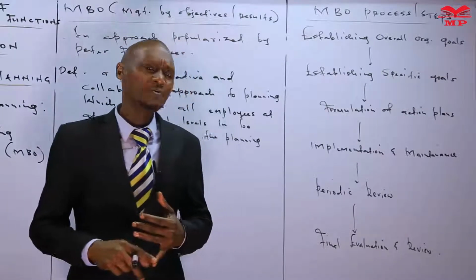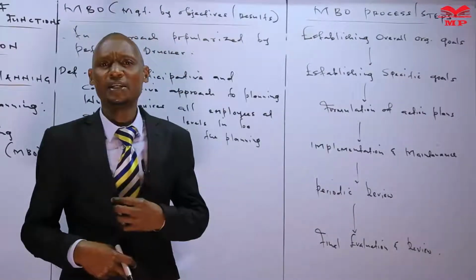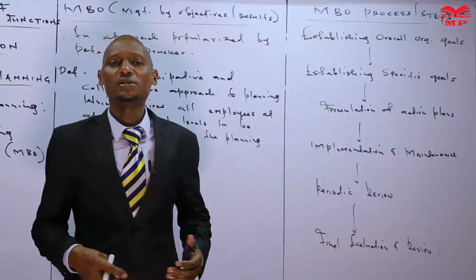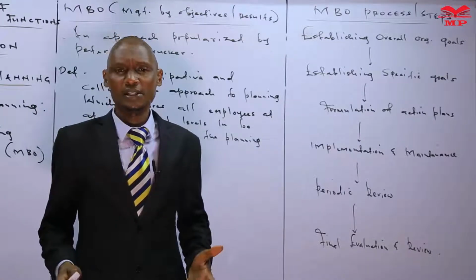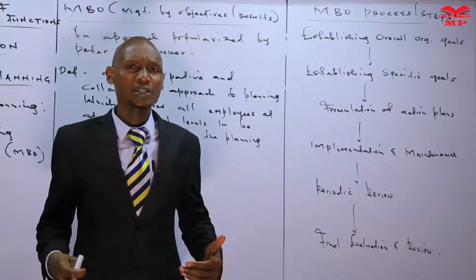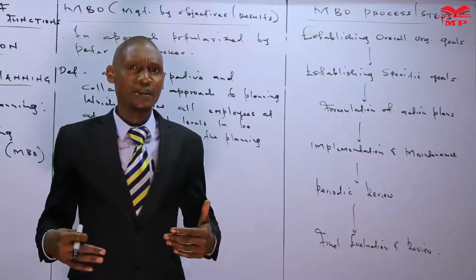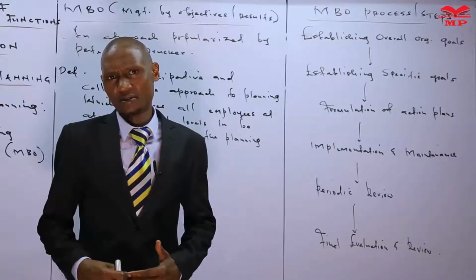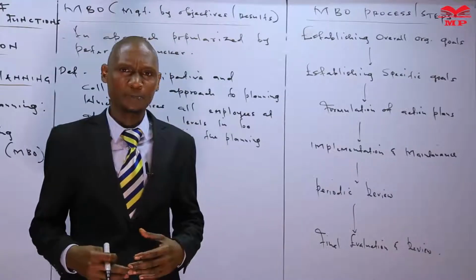Once action plans have been put in place, implementation and maintenance takes over. Implementation is now all employees, together with the managers, go ahead to actualize the action plans, the means that they determined to use in order to achieve their set goals and objectives.